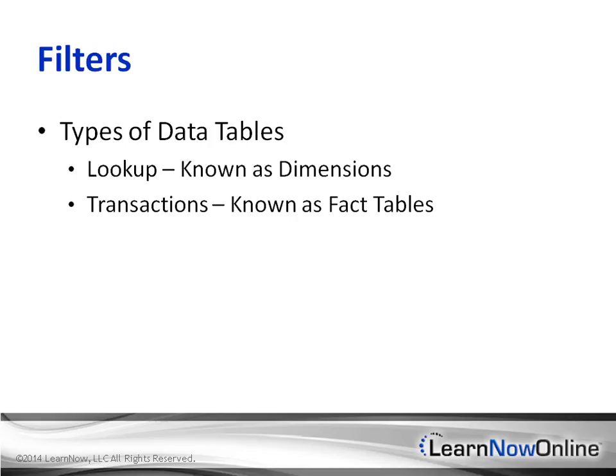How do these relate? Think of transactions being where all the action happens. This means our order details table that we've been using for quite some time now would be your transaction. Why?